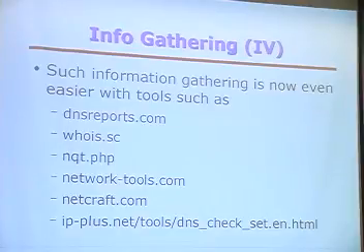Network tools, a similar set of tools including traceroute and ping. So you can do a lot of the active activities now using web pages, so the traffic's not actually coming from you. Then Netcraft, I'm sure most of you have seen, it lists a history of all the operating systems that web servers have been using. And then the bottom one is a web tool that enables you to check if the DNS server is vulnerable to zone transferring.